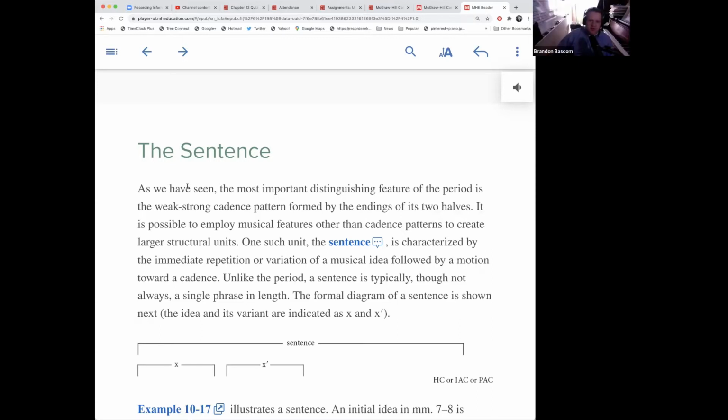So the sentence, remember, has the X's. They don't necessarily end with cadences, right?